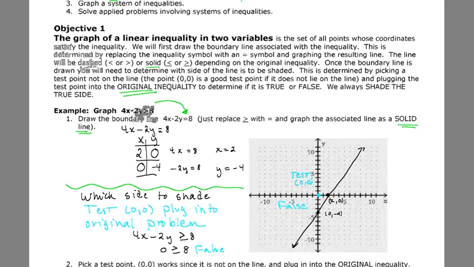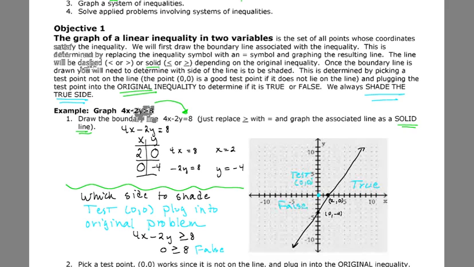So this test point, when I plug it into the original, comes up to be false. How will you know which side to shade? Because we'll always shade the true side. Well, I just found out that this side was false. My conclusion is going to be the opposite side must be true. One side is always true, one side is always false. So if this test point came up to be false, then I can gather that this side must be true, and that's the side I must shade.